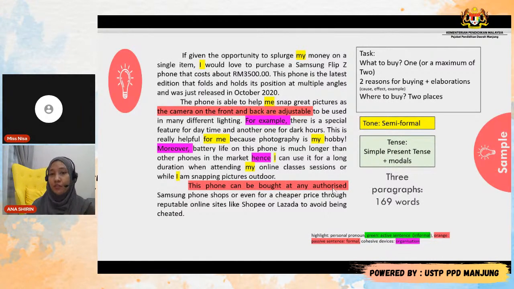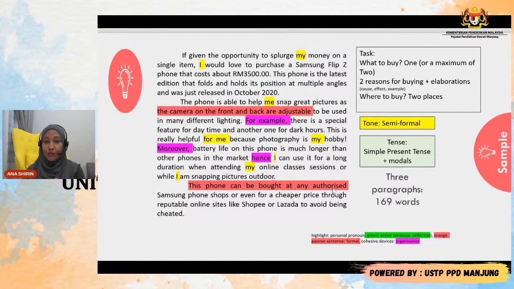So it becomes semi-formal. Some of it, which is kind of factual, I'm going to write in the passive sentence form to show that, hey, this is actually a fact and it doesn't really come from me. But when it's coming from what I believe of how it can help me, then I'm going to use an active sentence, right? So I hope that clarifies.